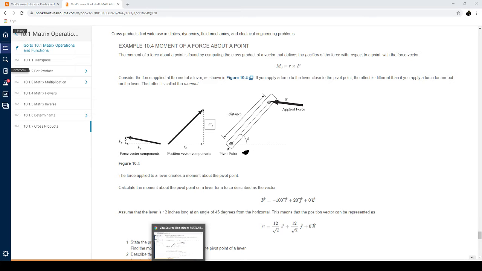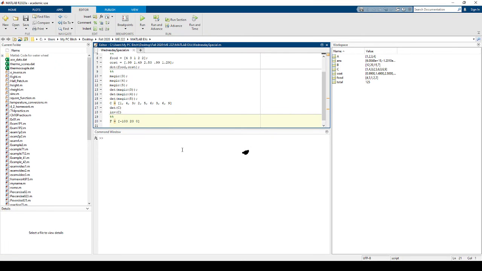So I will go ahead and put this into MATLAB. So r is equal to 8.48, and then we have 8.48 and then 0, right? You could do the same thing.